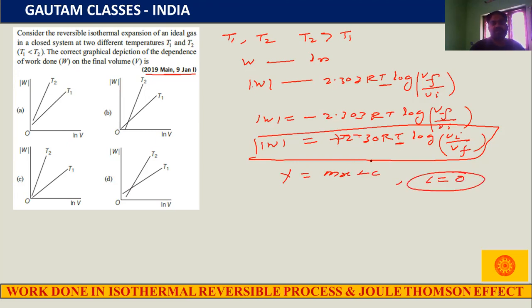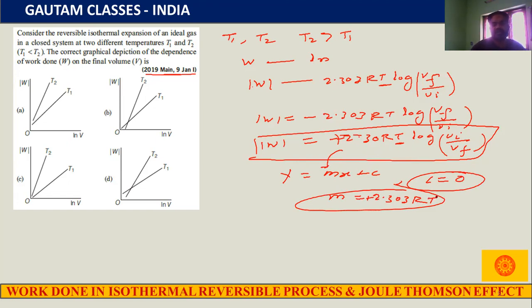And when we consider the slope, m is equal to 2.303 R. I'm going to compare by this expression. So slope will come like that, and slope as well as temperature will also come here.